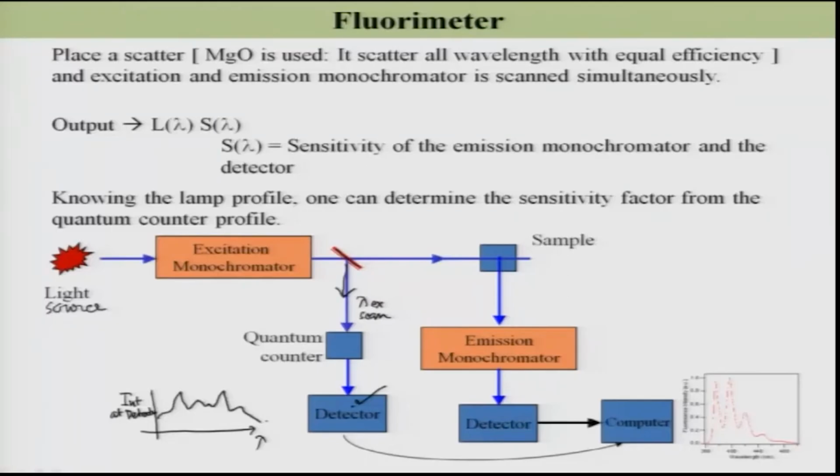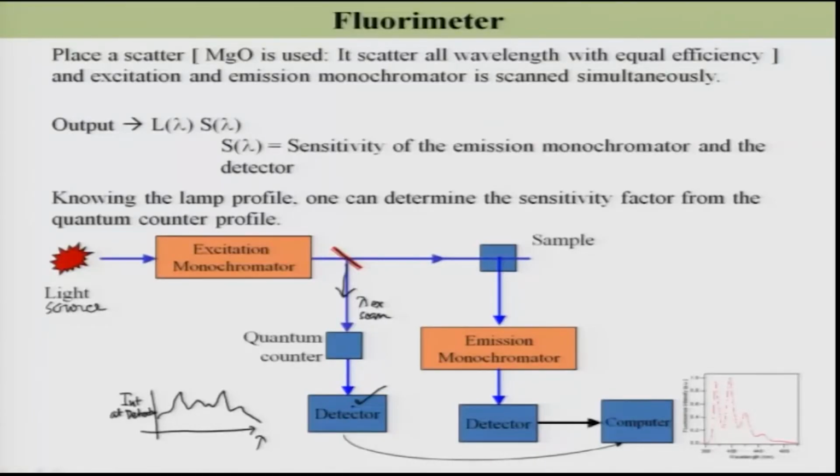Note here, this emission spectra, and I said earlier that the response of the detector is not the same. So I need to correct. Do I need to correct the intensity for this particular detector, or is it okay? That we are going to discuss in the next class. Thank you very much.